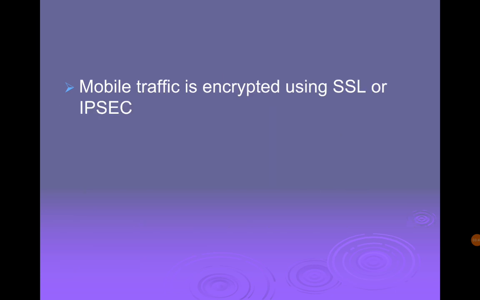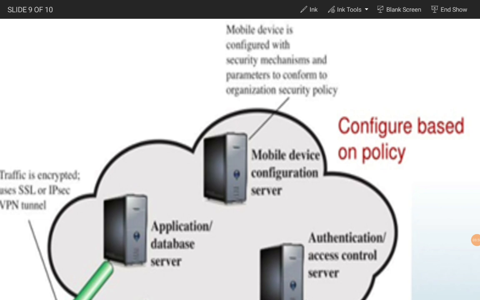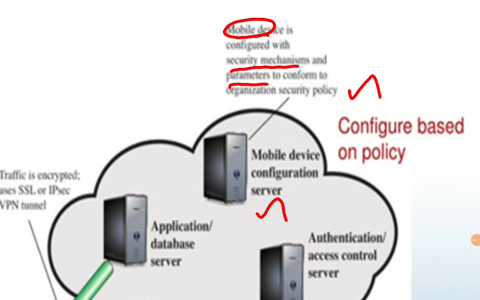The mobile traffic is encrypted using SSL or IPsec. So as I told, the first component is the mobile device configuration server. It is used to configure all the mobile devices with the security mechanisms and parameters, and all these are in agreement with the organization's security policy.